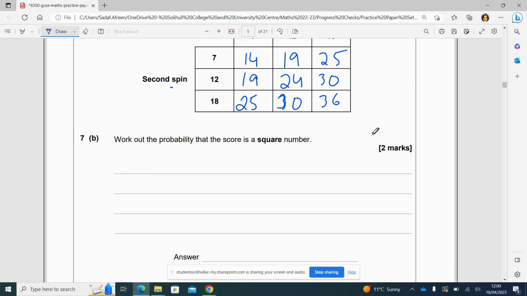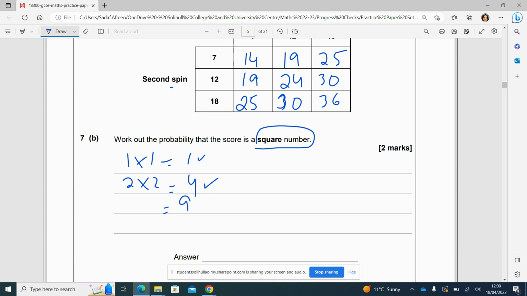Now it says work out the probability that the score is a square number. So square numbers means a number which you get when you multiply a number by itself. So for example, the first square number on the number line is 1 times 1, which is 1, or 2 times 2, which is 4. The third square number you will get when you times 3 by 3, and that gives you 9, and so on.